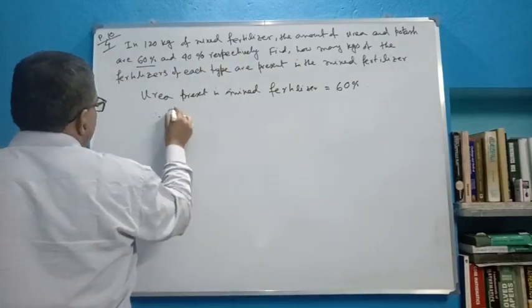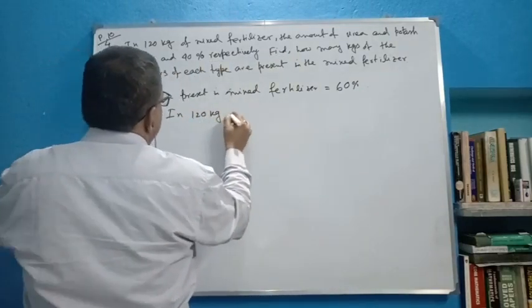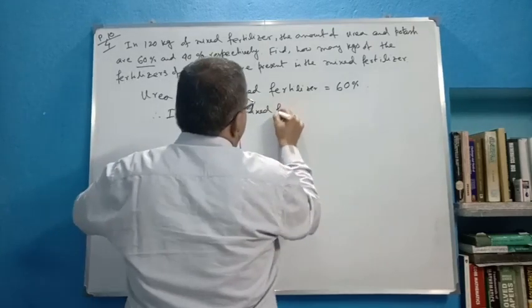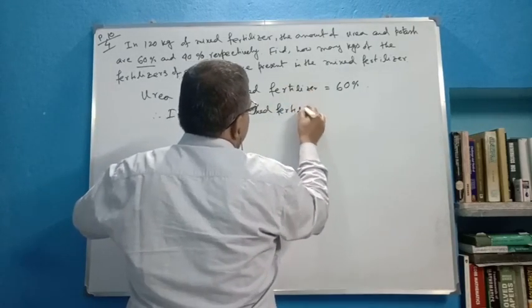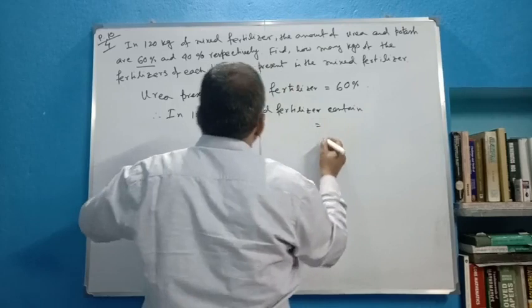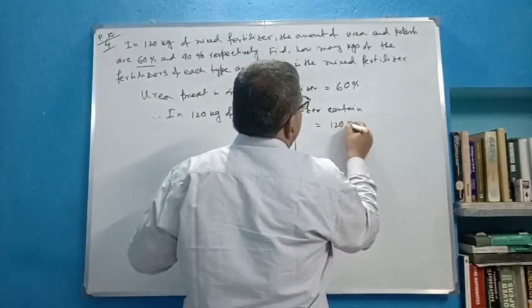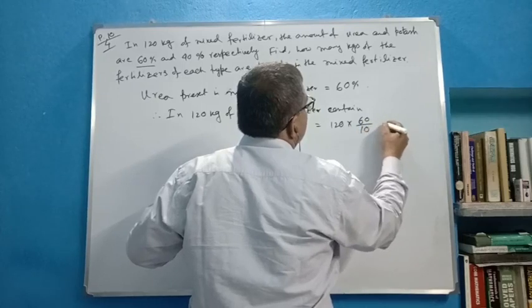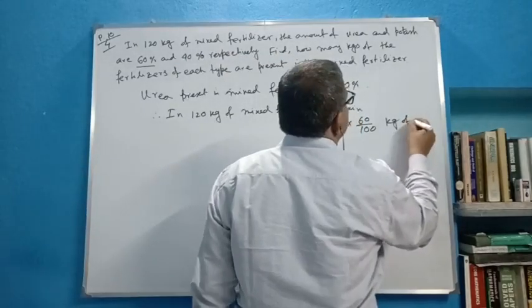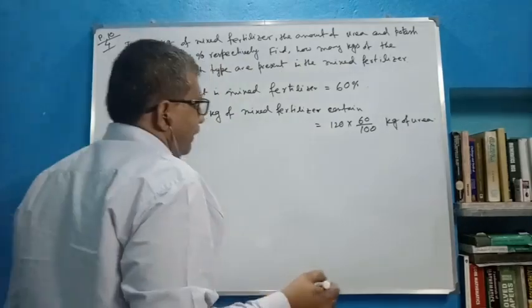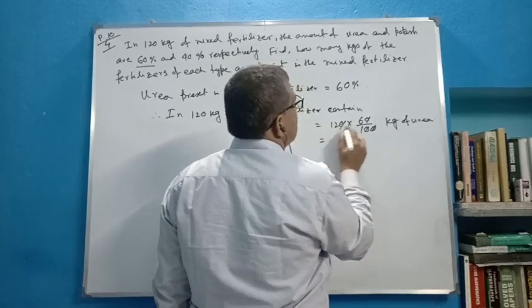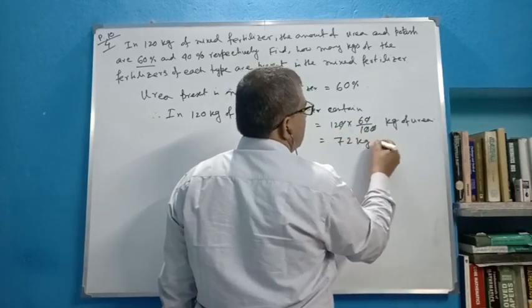In 120 kg of mixed fertilizer, there are 60 percent, that is 60 kg per 100 kg of urea. Six into 12, 72 kg of urea.